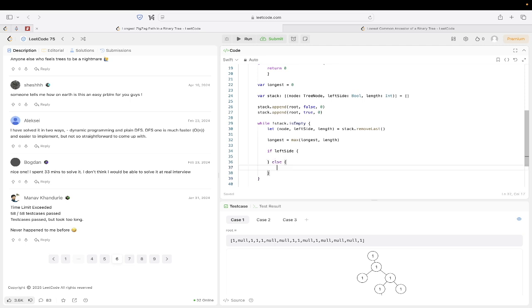That means we're on the right side. So this is where we should be doing our appending. If we're coming from the left side, we need to go right.